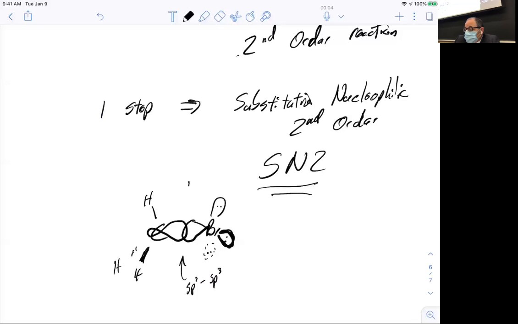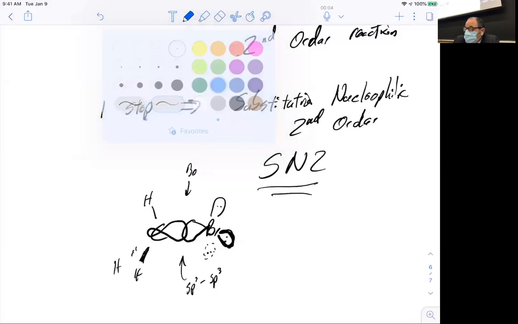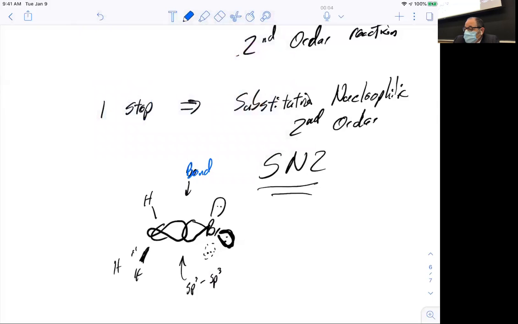And that's the bonding side. But then on this side, right, we have the anti-bonding orbital.